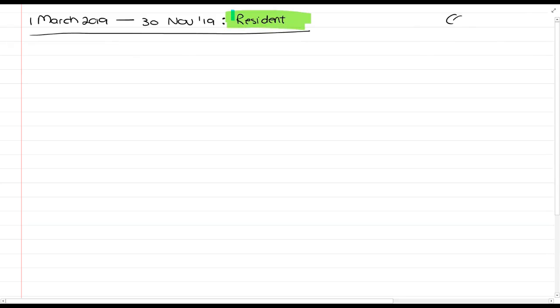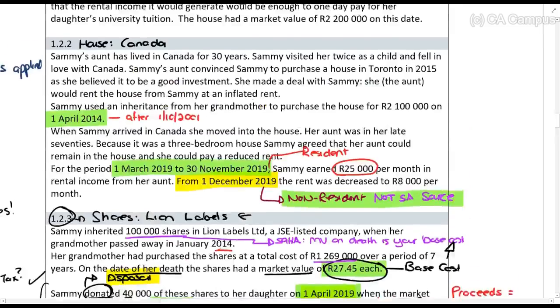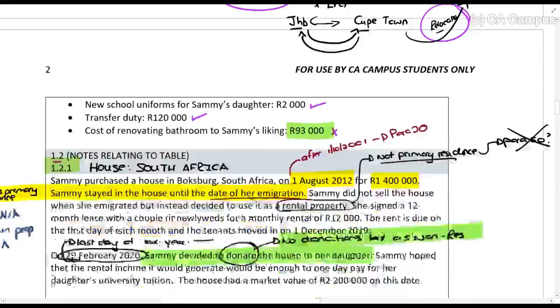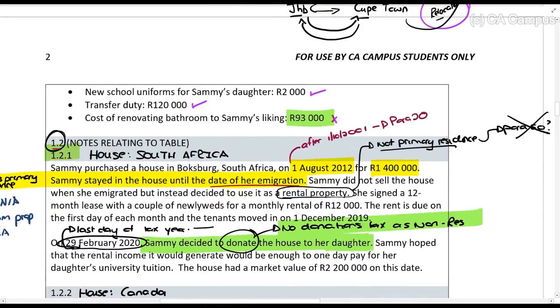Okay, so you'd have the same headings basically. I'm just doing it to make it a little bit clear for myself. Okay, so let's go and get started with this now. So they say we only need to look at the notes from 1.2. So it's the notes for the table.